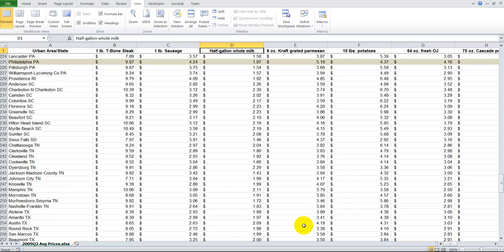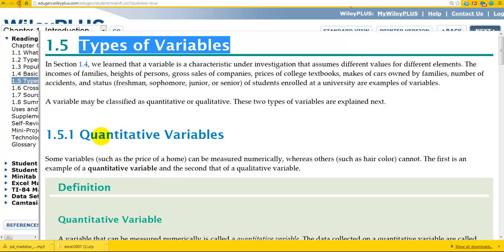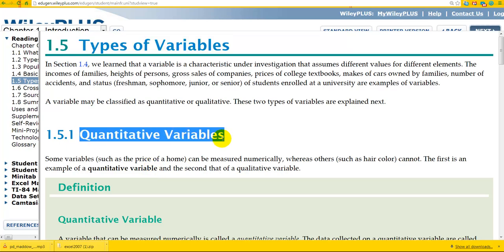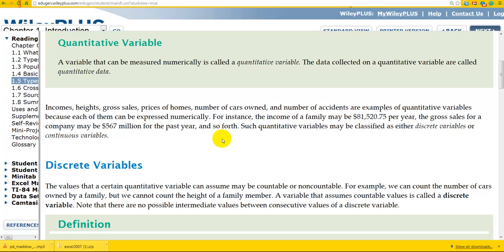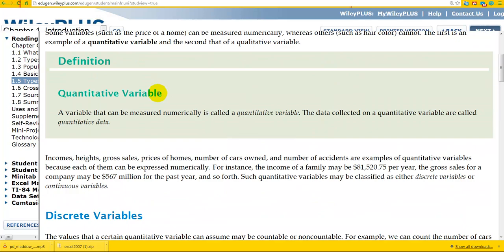So we're going to talk about different kinds of variables. One of them is this type, quantitative or numeric variables. And we divide quantitative variables into two types.